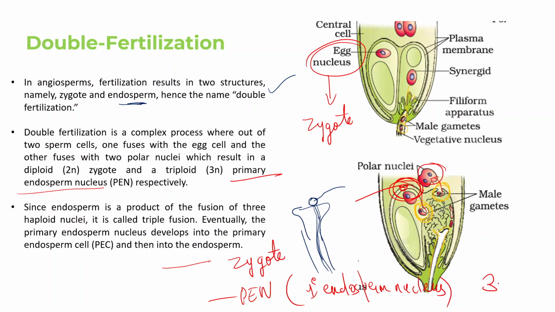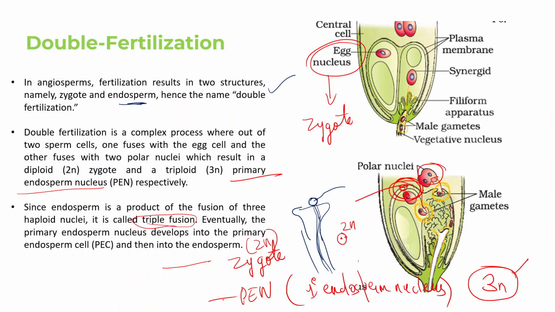Because it has three nuclei, it is triploid, and the zygote is 2N, because the egg cell has one nucleus and the male gamete fuses with it, so it has two nuclei and is diploid. Since endosperm is a product of fusion of three haploid nuclei, it is called triple fusion.